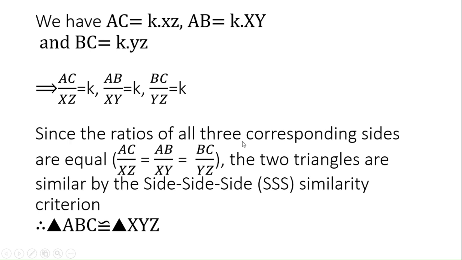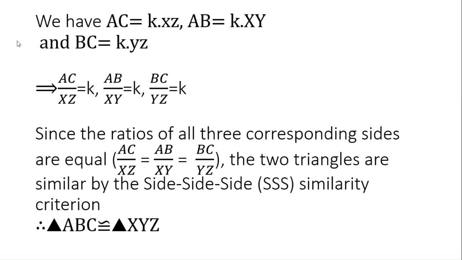The ratios of three corresponding sides are equal. Here we have two triangles, triangle ABC and triangle XYZ. When we observe clearly, the ratios of the three corresponding sides are equal to K. It's a proportionality constant.